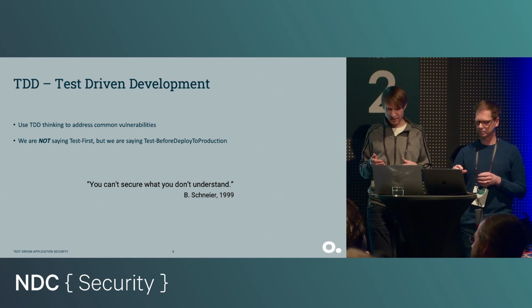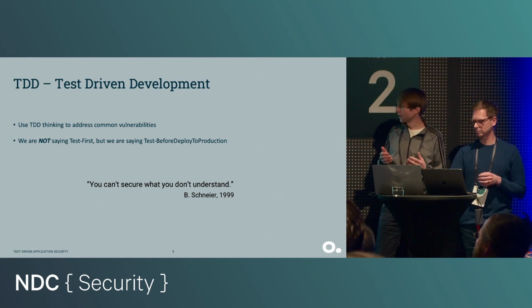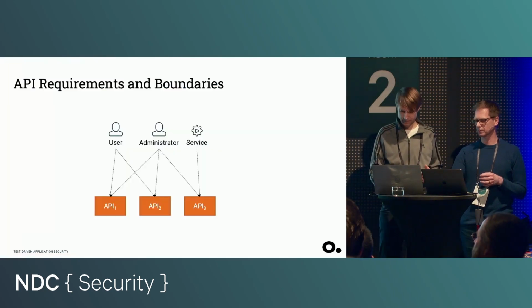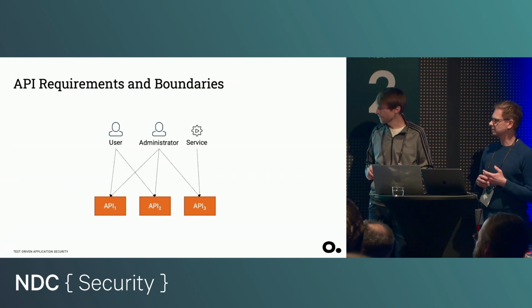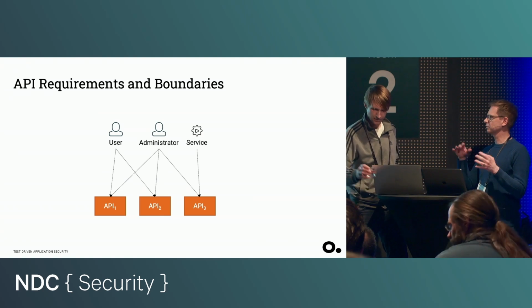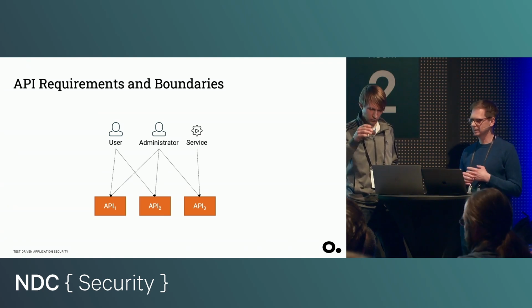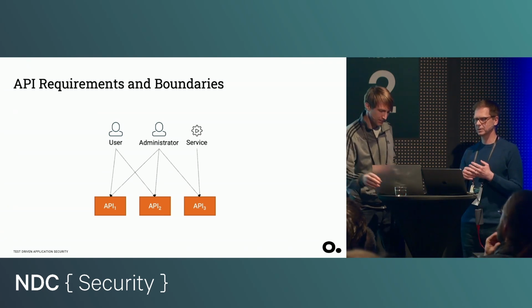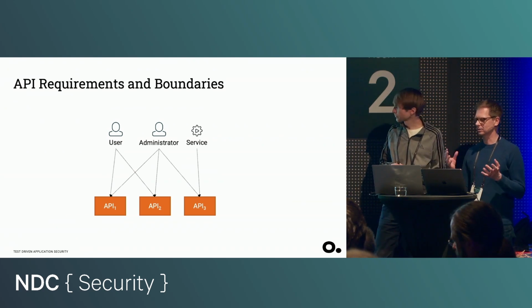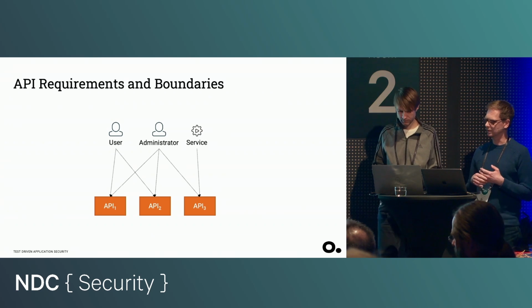Yep. And so now let us look at how we can apply TDD thinking to our application security. So a little bit of context. For this presentation, we will focus on APIs, obviously. So picture a system that consists of a set of APIs, and we have a set of callers that are consuming those APIs.